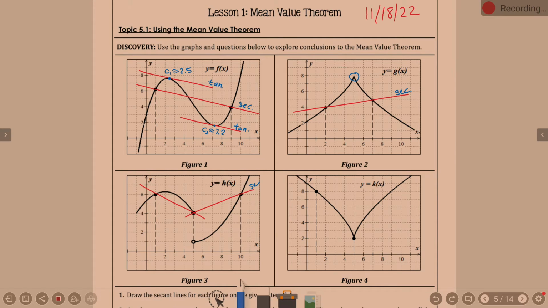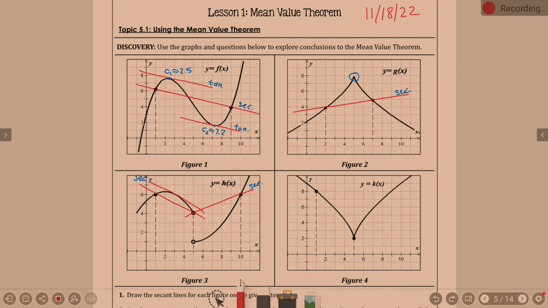Okay, figure 3. We have a secant line and a secant line. Thoughts on tangent lines? Is there one on the left portion here? Yes. Something like that?